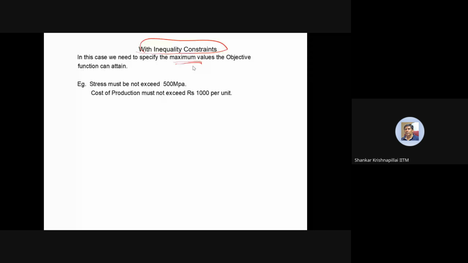So suppose I have two objective functions, to minimize stress or to minimize cost. So the stress must not exceed 500 MPa. So you have to find this value, 500 MPa, as a goal. Then cost of production must not exceed 1000 rupees per unit. This is another goal. So first you have to fix these goals from practical experience.